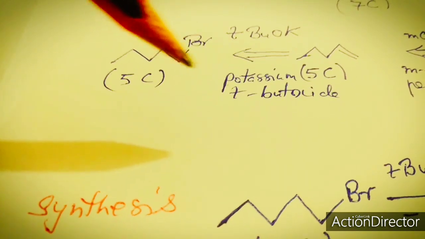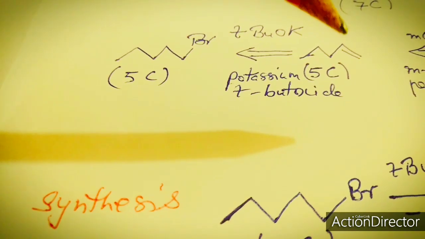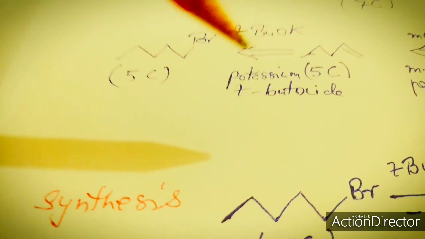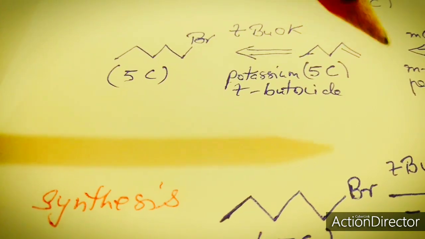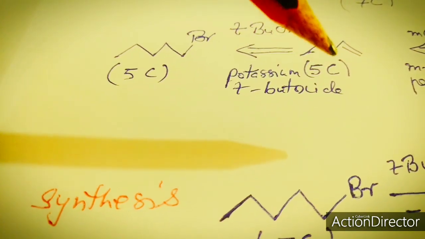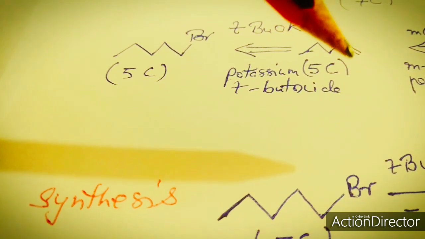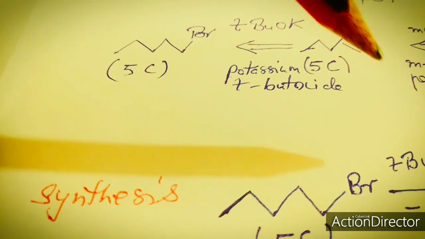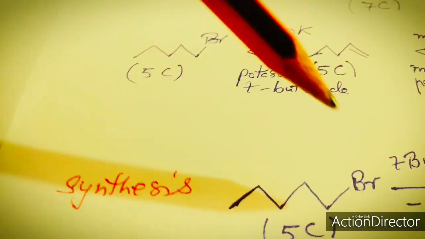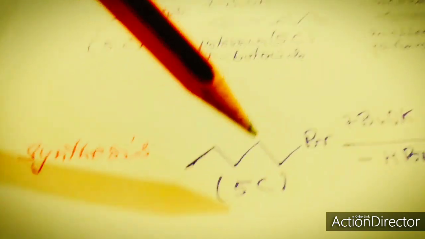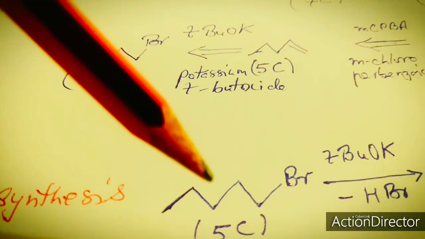Now let's see the synthesis, because this will occur in such a way that HBr, when it adds, will give the opposite of the Markovnikov product, that is, a normal bromo product rather than isobromo. And now let's see the synthesis, because this is the ultimate we could have simplified it to.